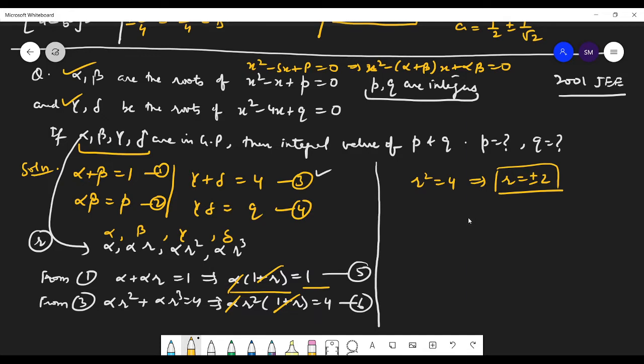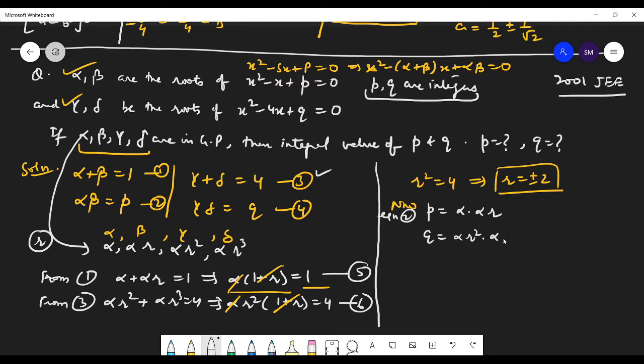So what will p be now? From equation 2, p equals to alpha into beta, and beta is alpha into r. So p is alpha into alpha r. What is q equal to?